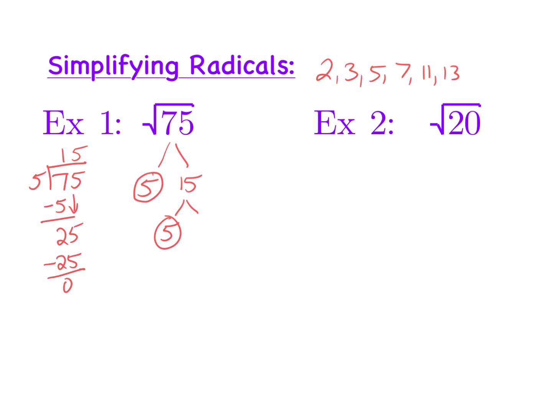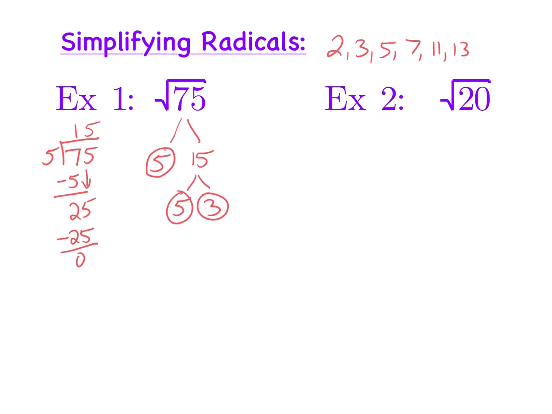Circle them. 15 divided by 5? 3. Is 3 prime? Yes. Once you get to where every branch has a prime number at the end of it, then you're finished with breaking down the tree. So we stop there, okay? Because we can't break down 3 with any other prime number. Does that make sense? Just break down the tree till you have prime numbers and you've circled them all at the end.